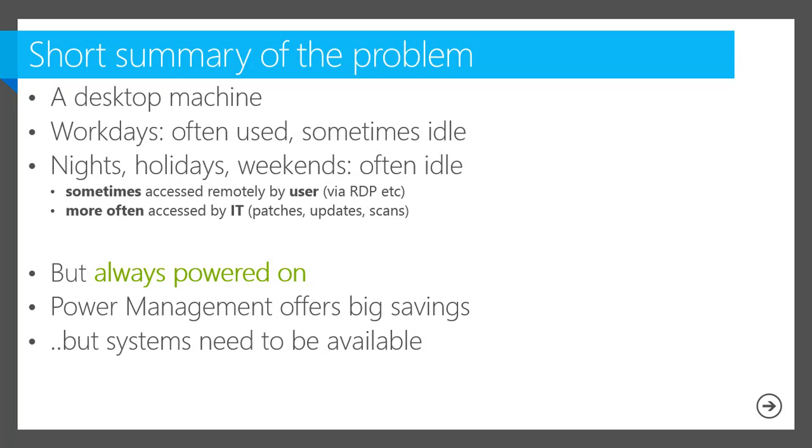But obviously the flip side of that is that the machines aren't always available. And that's availability in terms of Config Manager patching, general IT admin stuff, or perhaps even a remote user that wants to access their desktop from home, which is more common these days. So the savings are there to be made in power management, but the bottom line is that we need the systems to be available.